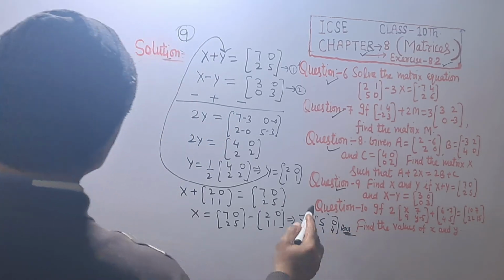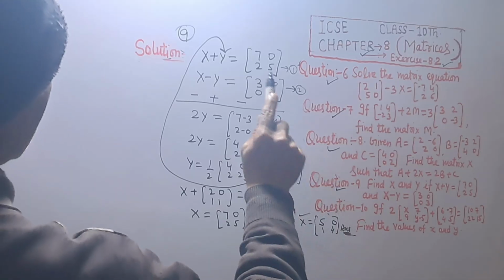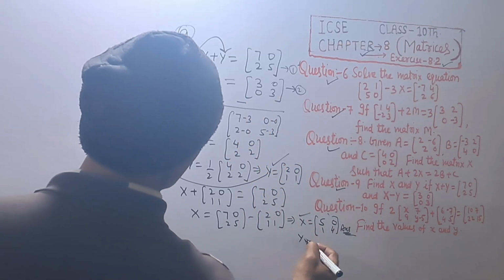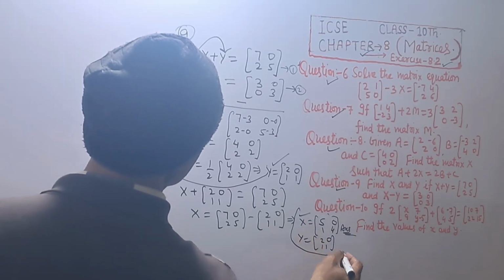Answer. x equal to [5, 0, 1, 4] and y is equal to [2, 0, 1, 1]. Answer.